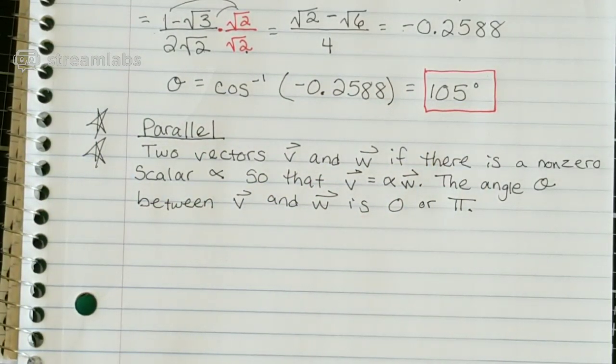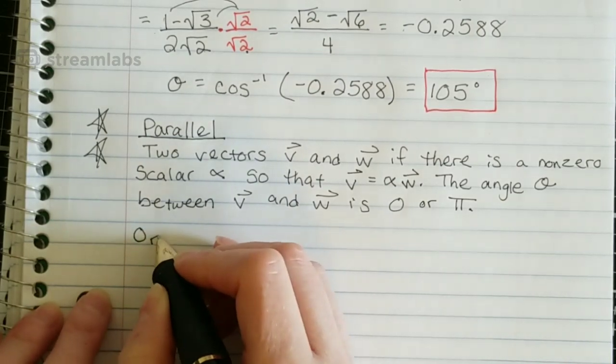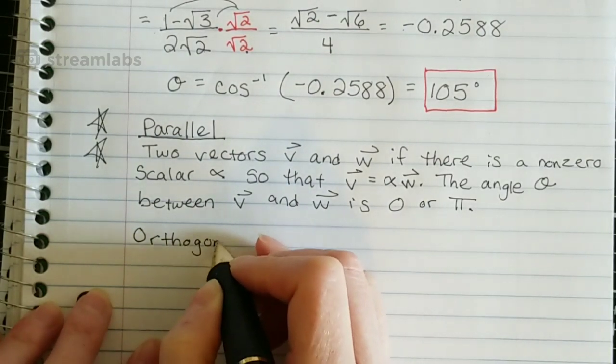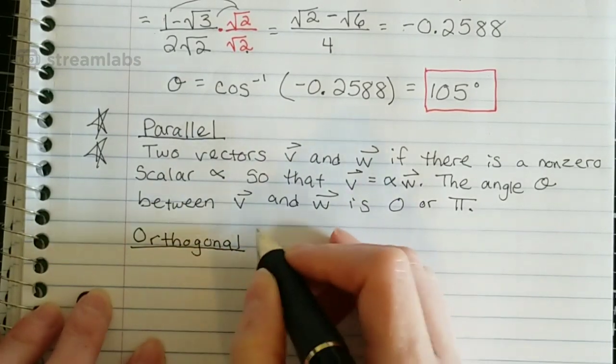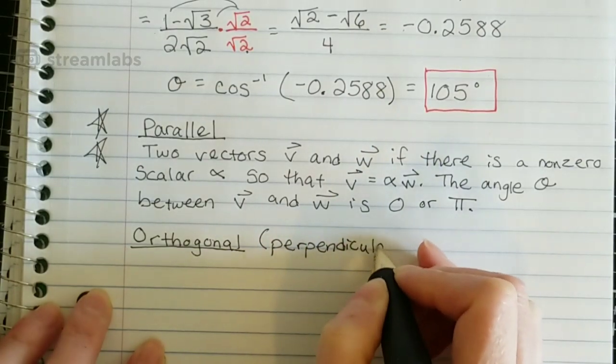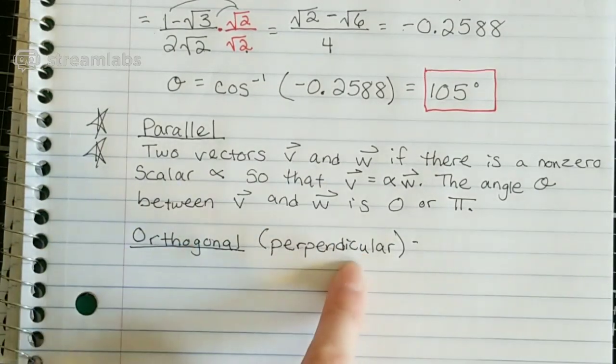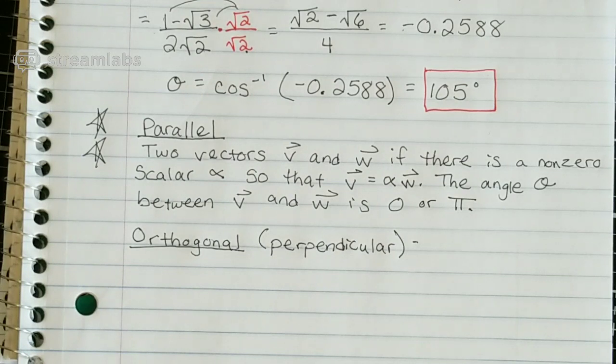Alright, so perpendicular, he will never use the word perpendicular. It's orthogonal. He will use orthogonal every single time on the final. So orthogonal means perpendicular. And he will use the word orthogonal. He will never use perpendicular. Alright, so we have two vectors are orthogonal if the dot product is equal to 0.